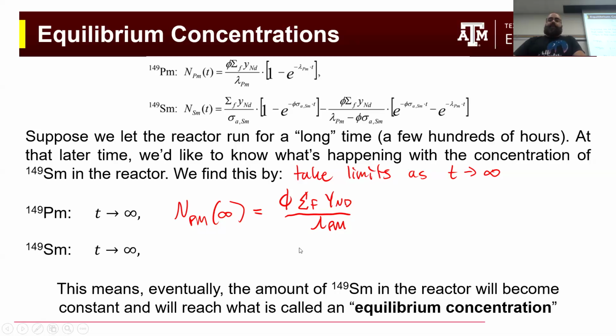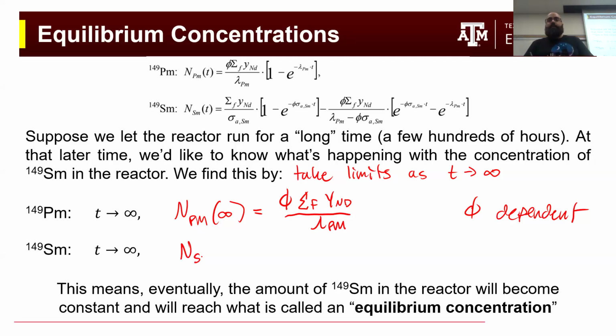So the promethium builds up to an equilibrium concentration that depends on the flux. Notice that this is phi dependent. How much promethium I get will depend on what flux, and therefore what power level my reactor was operating at.